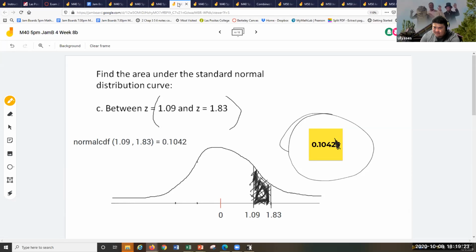We put in that small cluster there and have the lower as the lower and the upper as the upper, and we just set up the mean and the standard deviation, and punched that in the calculator, and the calculator gave us that answer. Okay, and then your picture? That is the picture. Okay, well, there you go, there's the picture. Yep, so again, you've got your curve, and a little dash at 0, and then 1.09, 1.83, the two things you care about, and then you shade in between them.